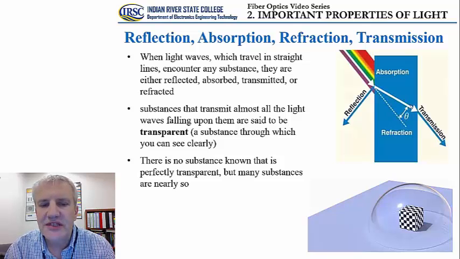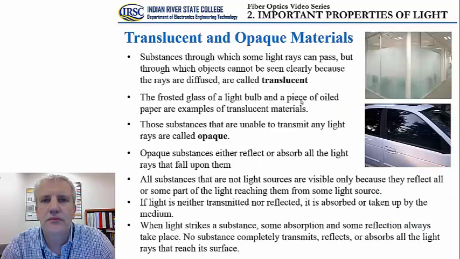There is no substance that's perfectly transparent, but many substances are very nearly transparent. In other words, the absorption that's happening inside of that material is reduced to very, very low levels. In addition to transparent materials, there are also two other important categories of materials based on the way they interact with light, namely translucent and opaque materials.